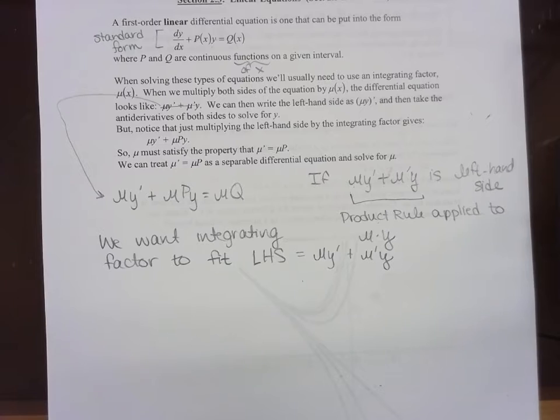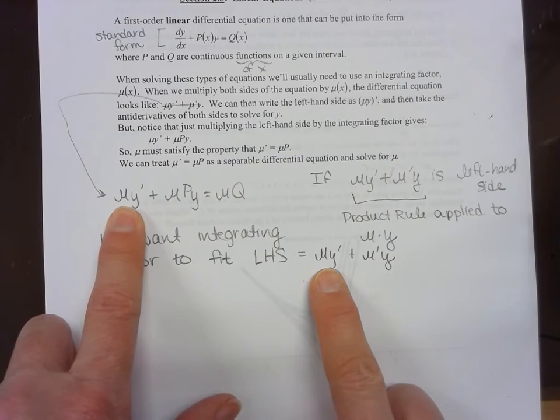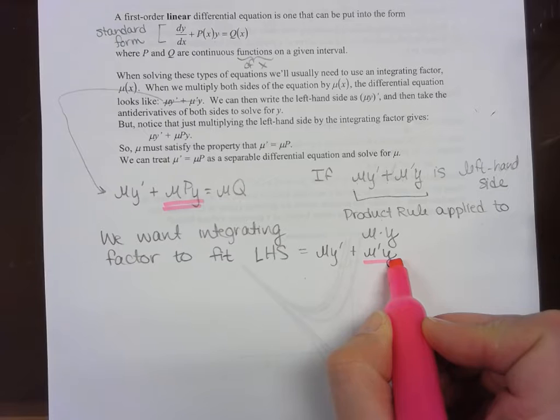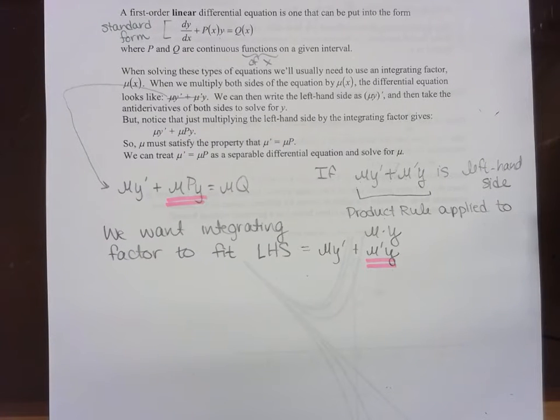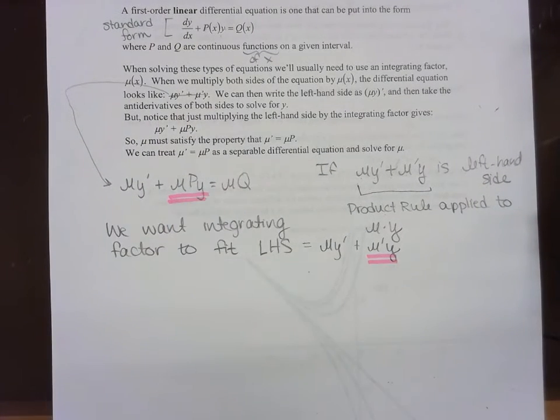Then comparing those two left-hand sides to one another, the mu y primes already match up. The first terms already are equal. We need the other two to be equal to each other. This is what we need: mu p y to equal mu prime y.